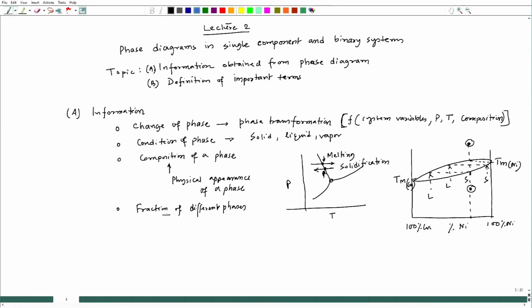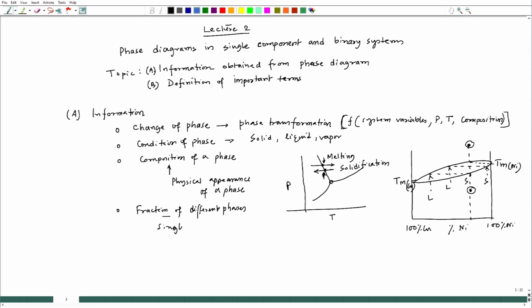That change means the fraction of phase that appears, that we can quantify, okay, and that quantification comes from the lever rule. So, we will talk about the lever rule as we go ahead when we talk about binary phase diagrams. So, for fraction of different phases, if it is a single component, in a single phase region, it is all the time 100% of that particular phase.